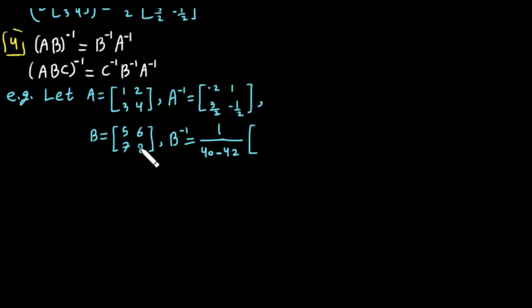Now I have to swap these two elements. So 8, 5, -6, -7, equal 40 minus 42, which is -2. So I will write here -1 over 2. And here the same, 8, -6, -7, 5.